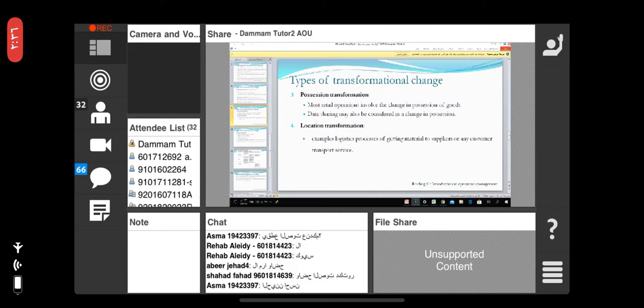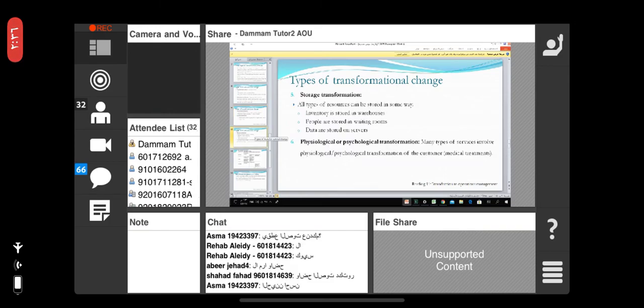What else do we need? Do we need storage? Definitely we need storage transformation. Why? Because sometimes the resources must be stored. Maybe inventory is stored in the warehouse. Sometimes people, do you need to store people?